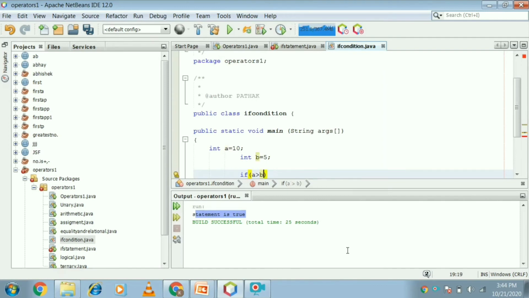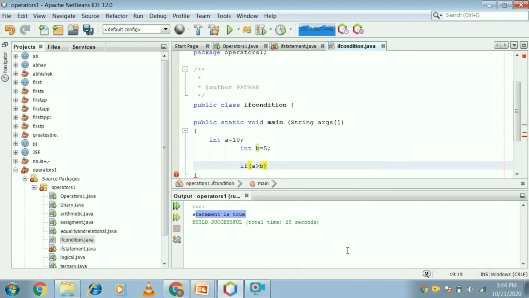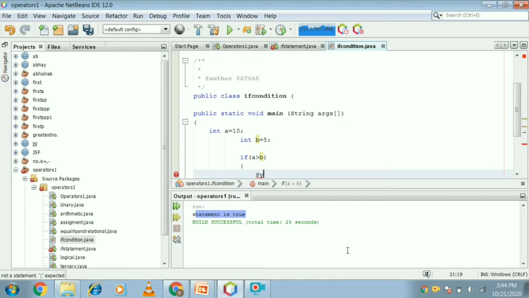We write an if statement: if a is greater than b, then System.out.println 10 is greater than 5.